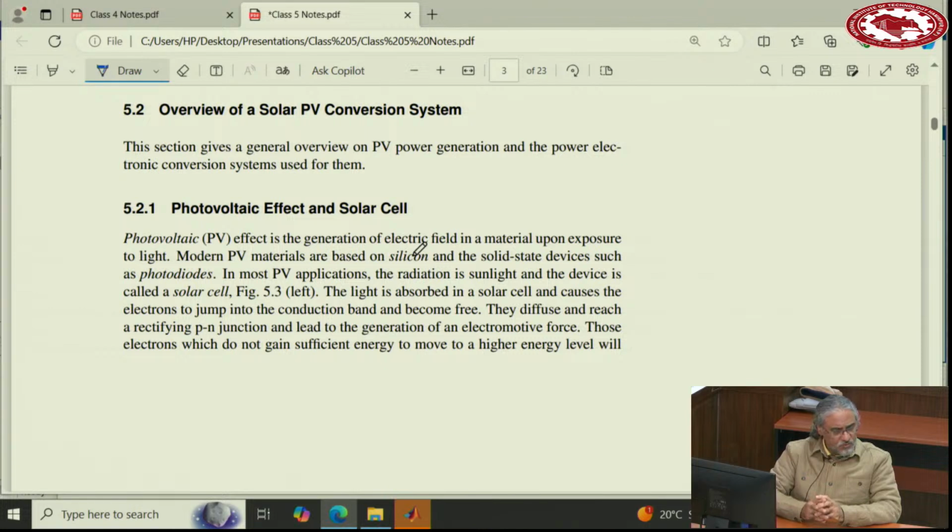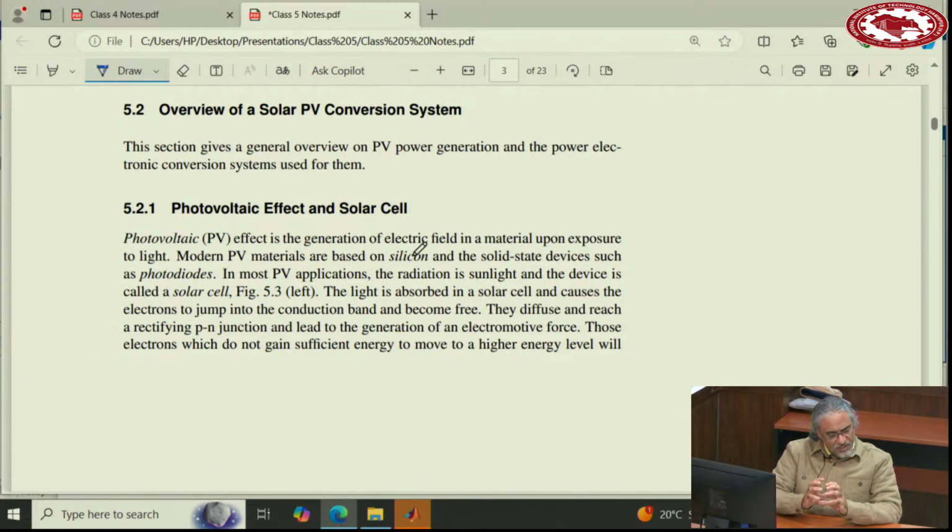If you expose them to light, the electrons in these layers can absorb the energy from the solar lights, solar rays, and then move to higher levels of energy. And then eventually, if they can become free and then go outside, that becomes flow of electricity.